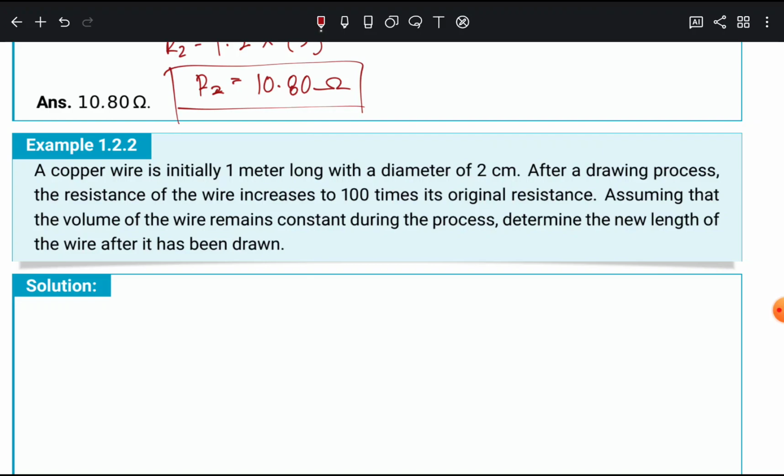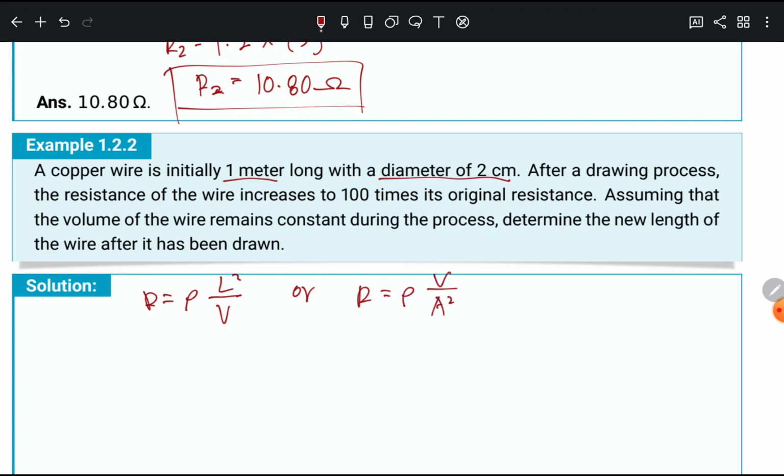Now, in this example, there's a given length and there's also a given diameter. So in this example, we can use either L squared over V, or we can also use the area. Why?